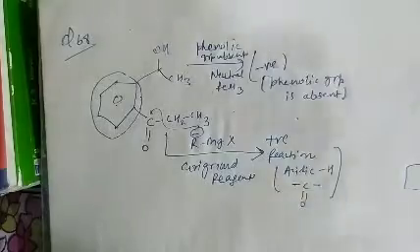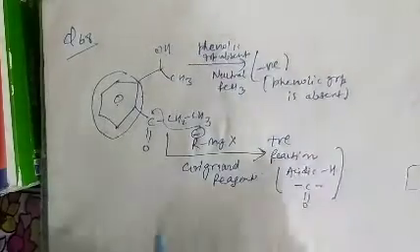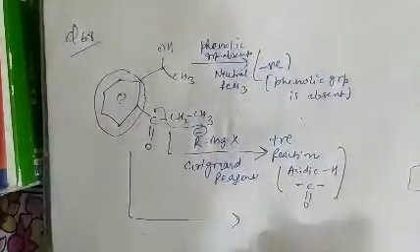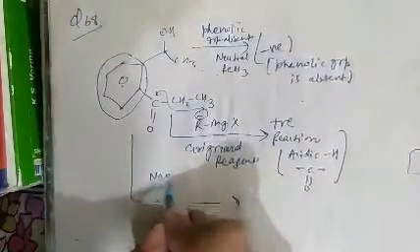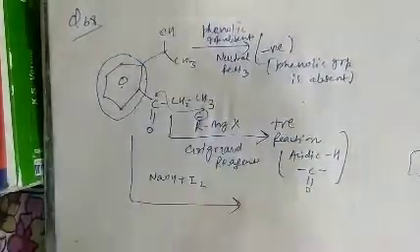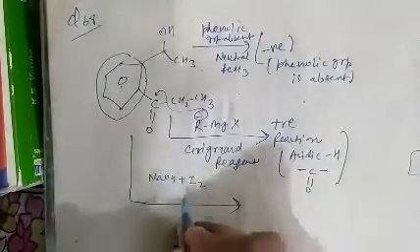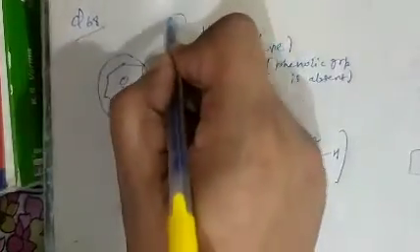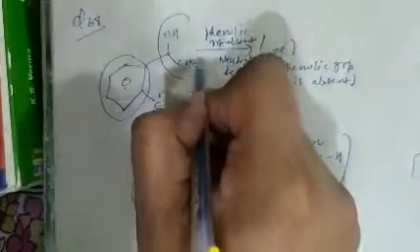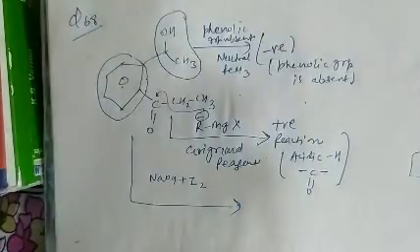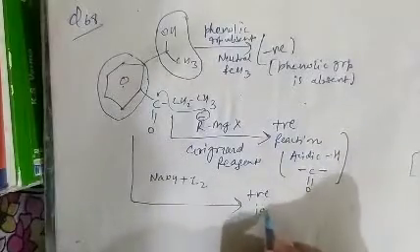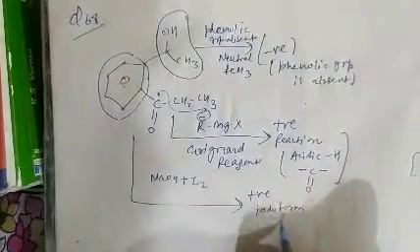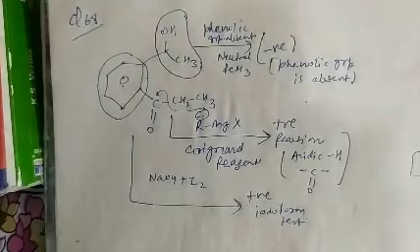Therefore it gives a positive test. See the next reagent given, the iodoform test, that is NaOH plus I2. For the iodoform test there must be a methyl ketone. This group will oxidize into a methyl ketone. Therefore a positive iodoform test is given by this compound.